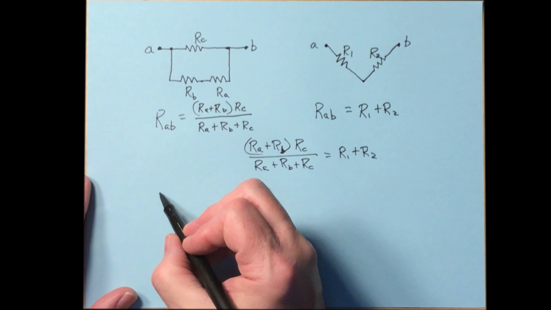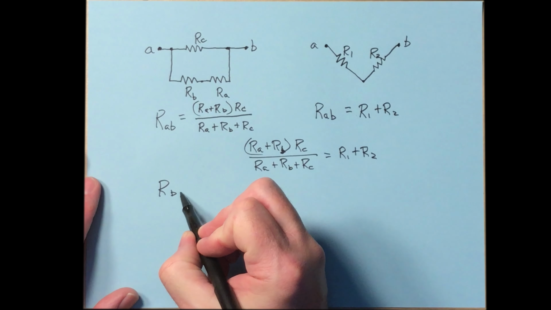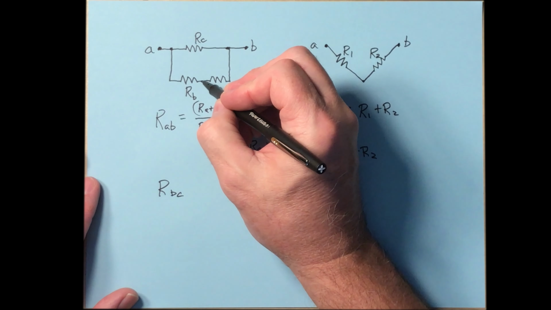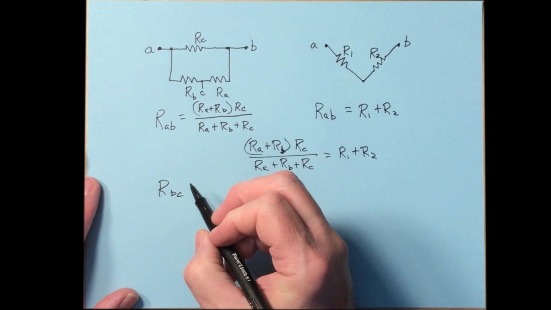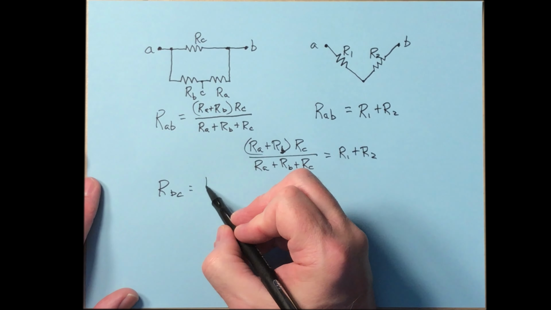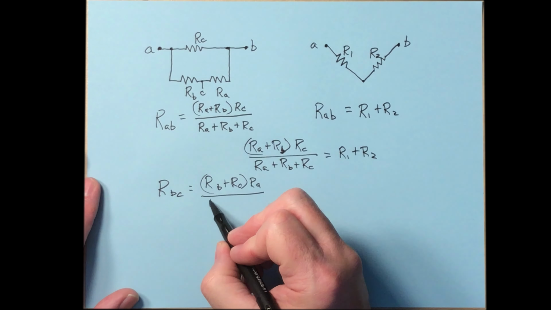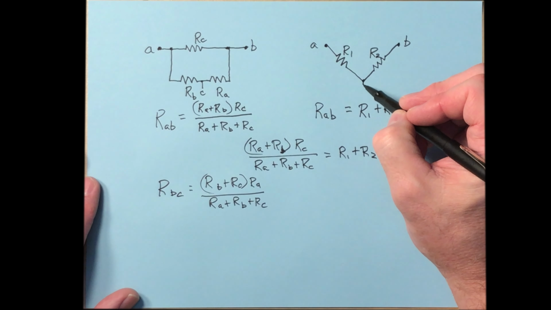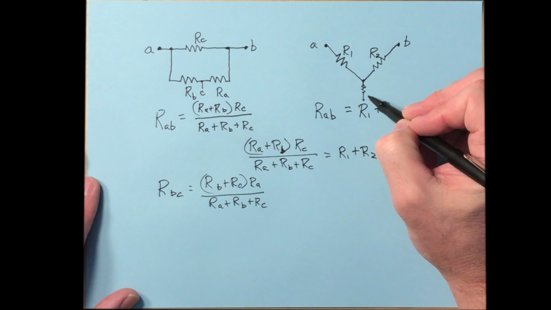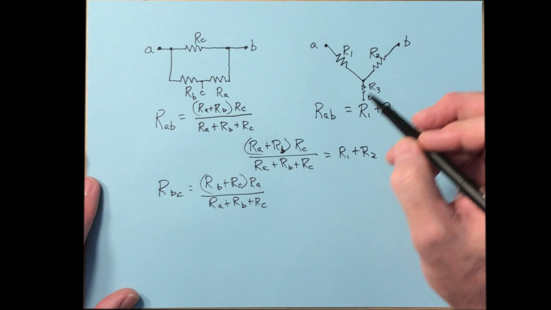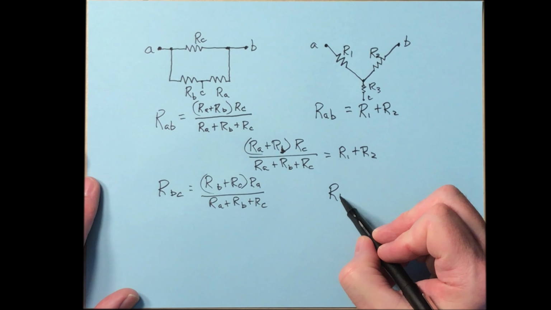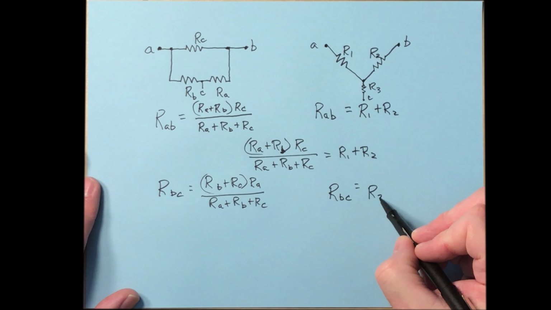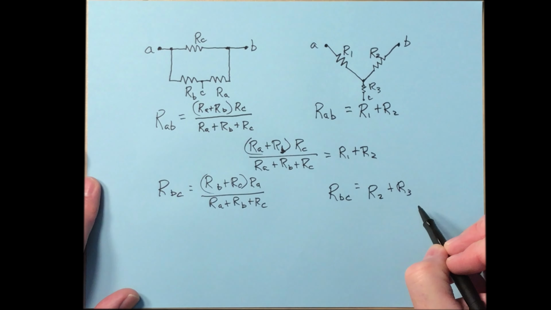So the resistance from B to C up here, if we were to redraw this with terminal C down here, and over here, if we were to do the same sort of thing with another resistor, terminal C, and this is going to be resistor 3 there, then R between B and C is just going to be R2 plus R3.